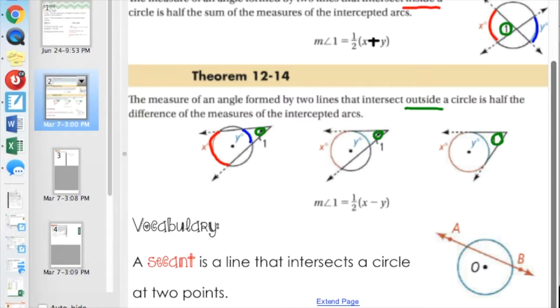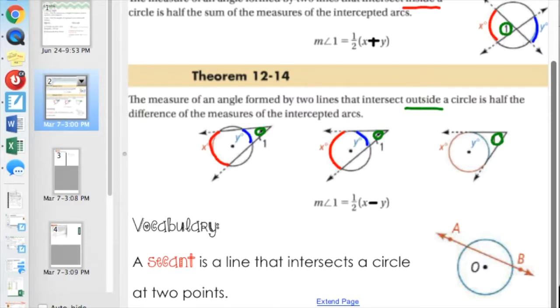And the way I like to remember this is because when I'm outside of my group of friends, I feel very negative. I feel very sad. So when I'm outside my friends, I subtract. I'm going to subtract the big arc and the small arc, and then divide by 2. And it's always in relation to, once again, the arcs that we intercept by the lines.